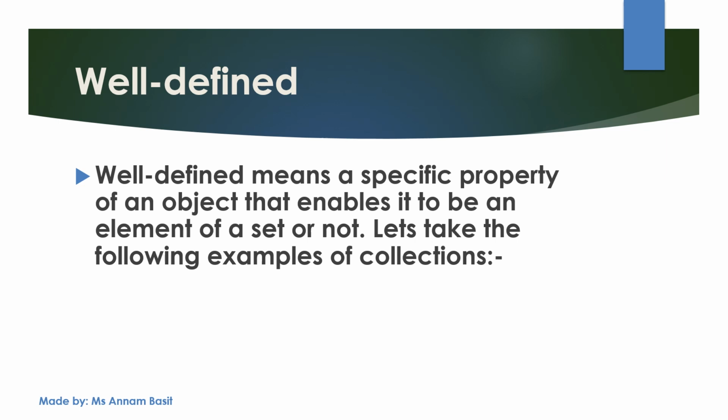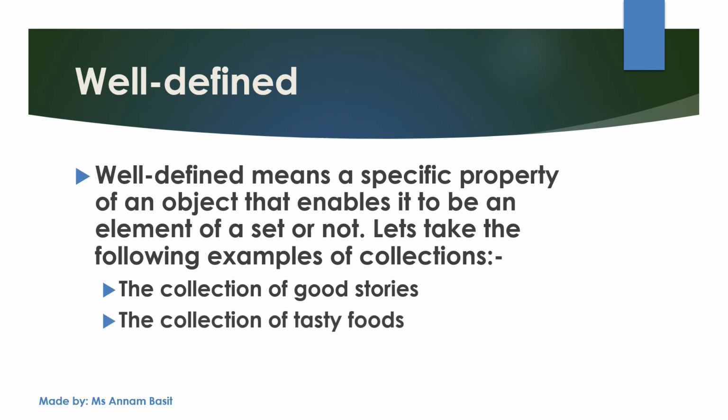This means that the element of a set, the thing which is a part of the set we're going to talk about, must have a specific property which makes it a part of the set. If it doesn't have that particular property, it cannot be a part of the set. So let's take the following examples of collections or groups. For example, the collection of good stories, the collection of tasty foods, and the collection of favorite poems.